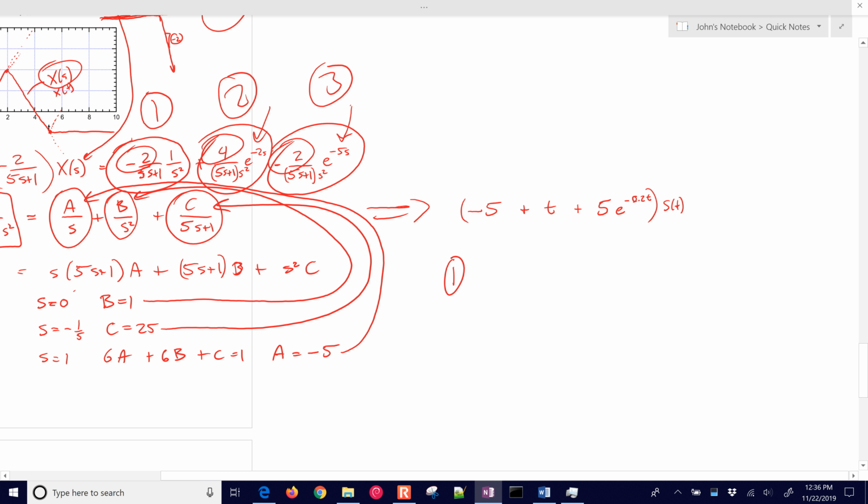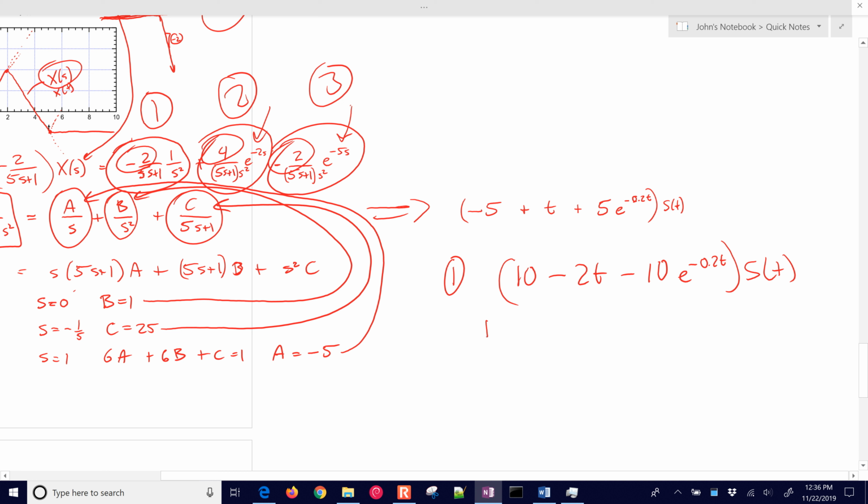So term 1, we're just going to multiply this by -2. So I'm going to have 10 minus 2t minus 10e to the minus 0.2t. Multiply that by u of t.